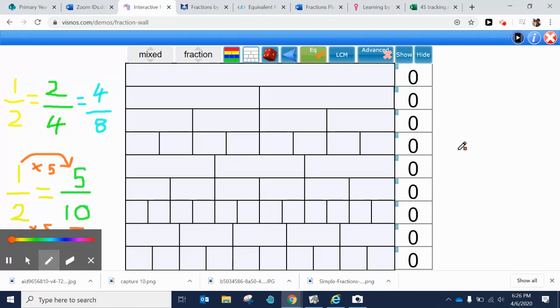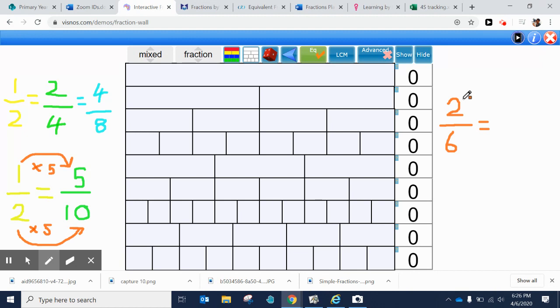I'm going to pick another fraction now. I'm going to pick 2 sixths. I'm going to write it here, 2 sixths. And I want to find a fraction that is equivalent to 2 sixths.